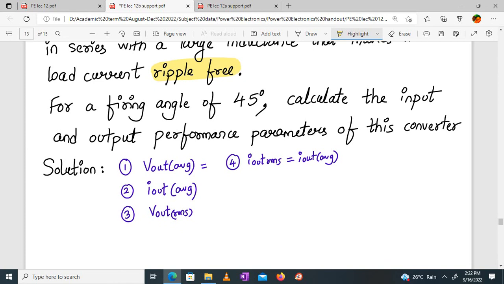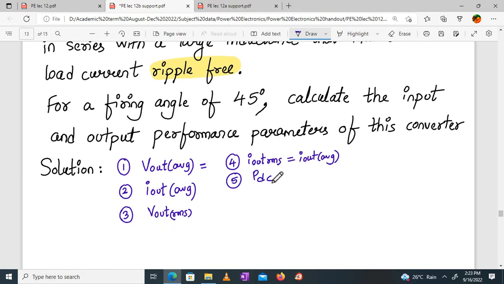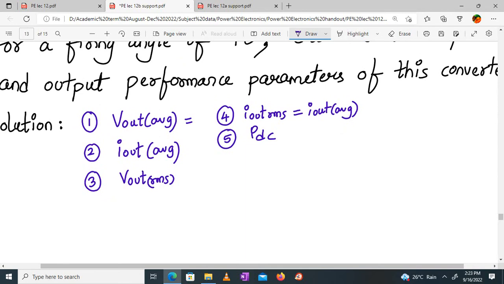P DC. What's the things, right? Calculate rectification efficiency, P DC upon P AC into 100, right? Then next you calculate form factor.